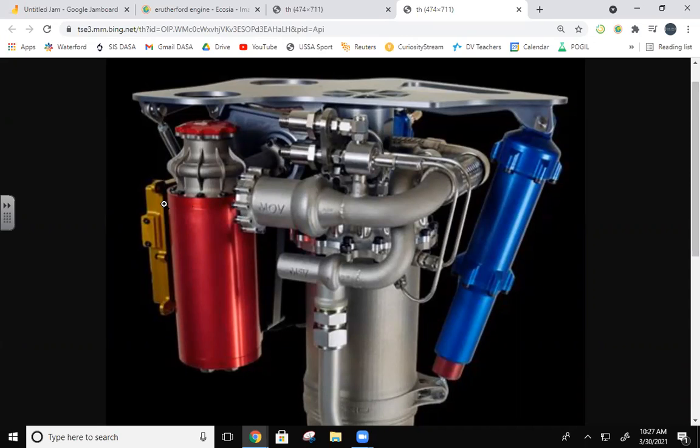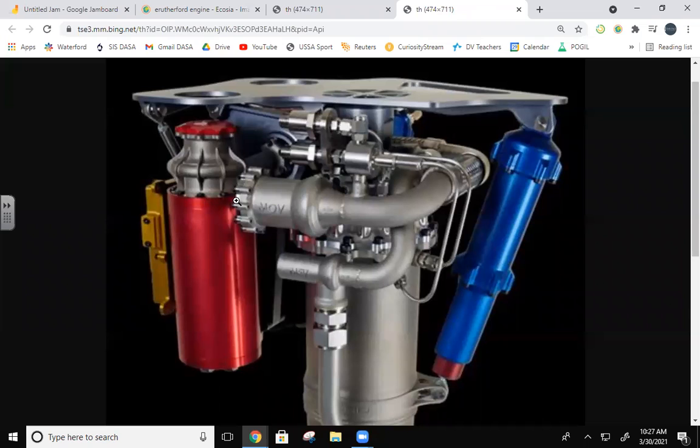This right here is the turbo pump. It is a brushless electric motor. Doesn't that use magnets or something? Yeah, if it's an electric motor, it has to use magnets. What do you mean by brushless?